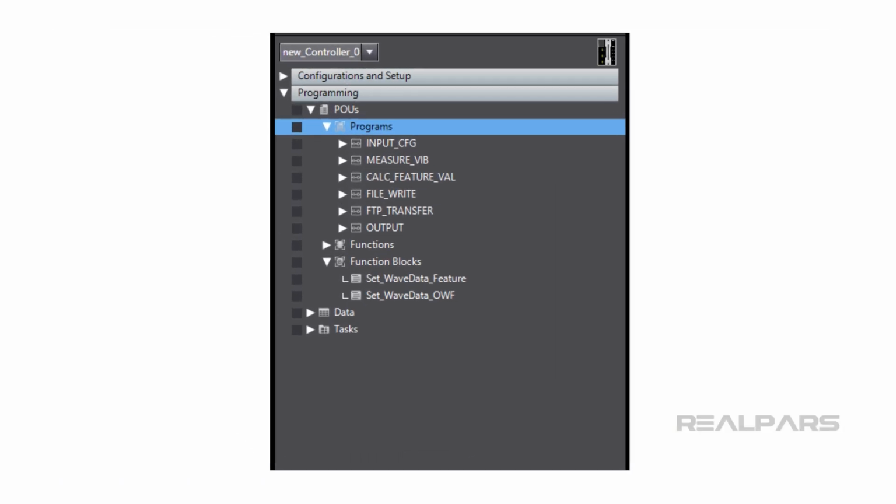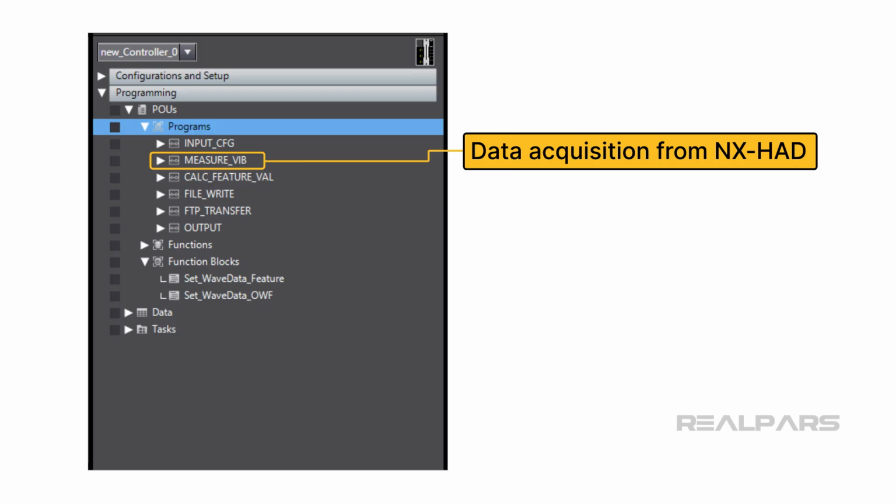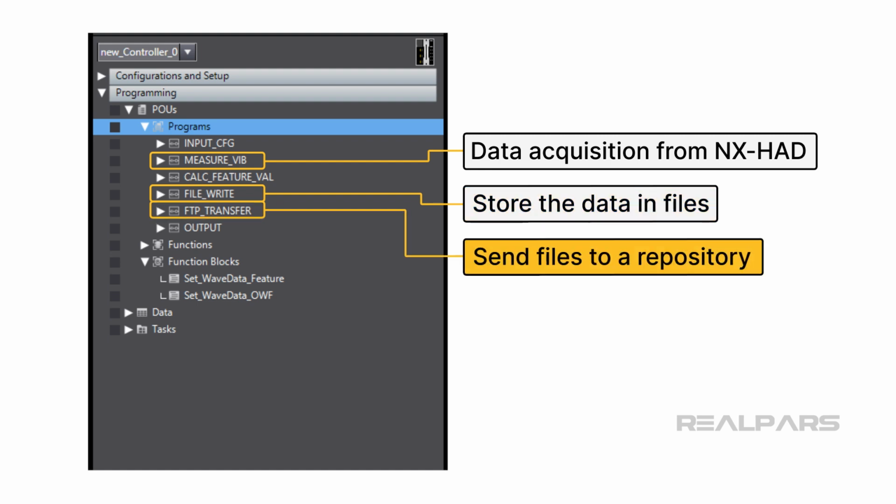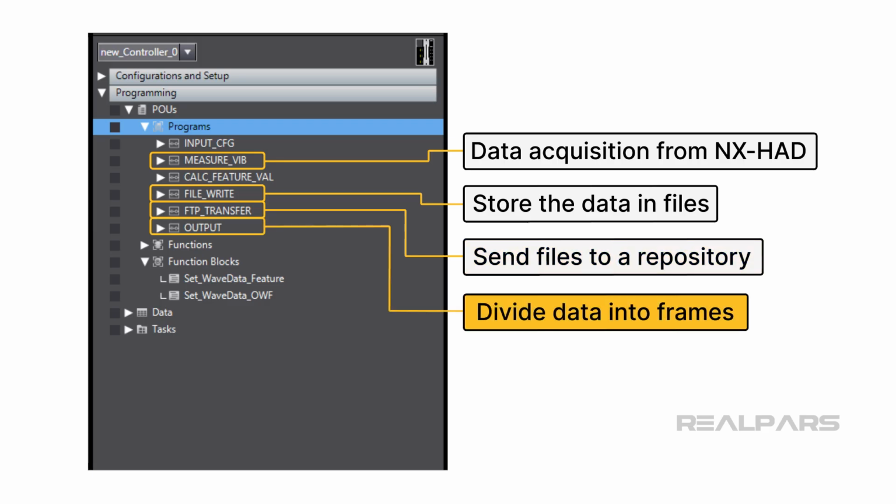The VA template includes programming to acquire data from accelerometers using the NX-HAD analog input unit, scale, and store them in a long array at 25 kHz sampling frequency. Store the data in dedicated files of a few seconds duration and send them to a repository for future analysis. Divide the captured data into frames and extract relevant features from it.